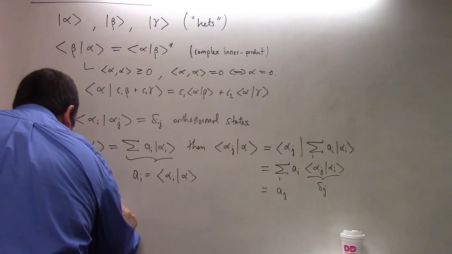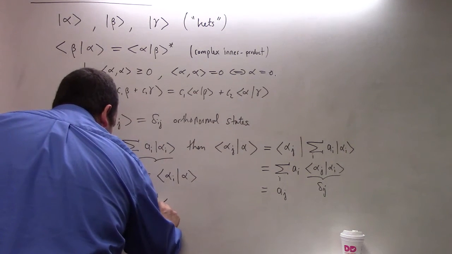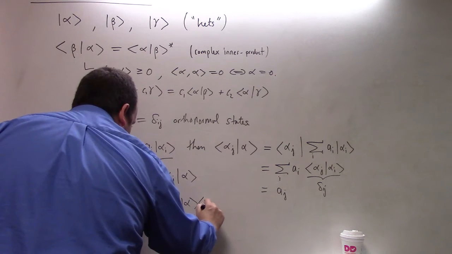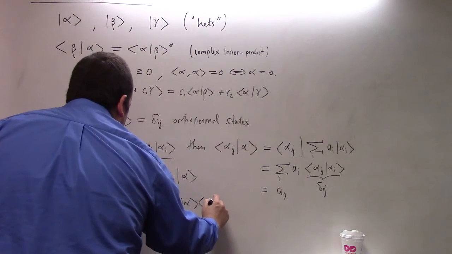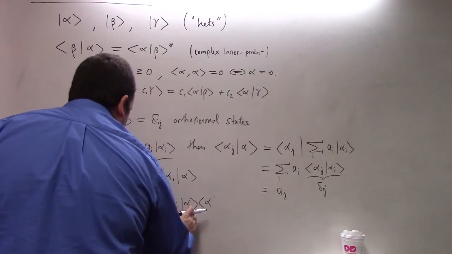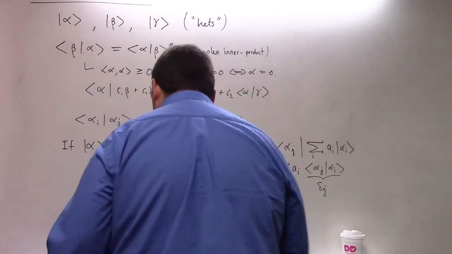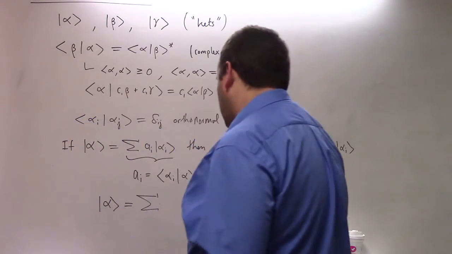You can rewrite the ket as a sum over alpha i, alpha, alpha i. Sorry. Too many alphas. Breaking my brain.